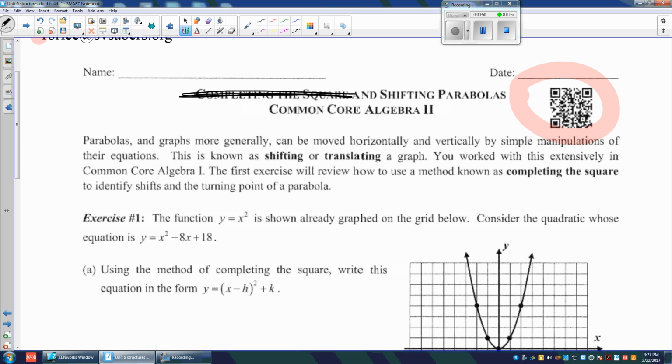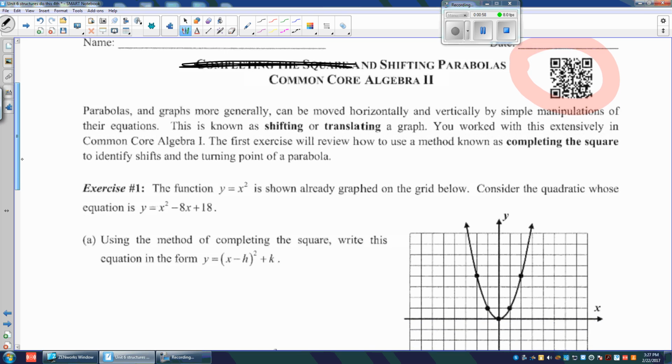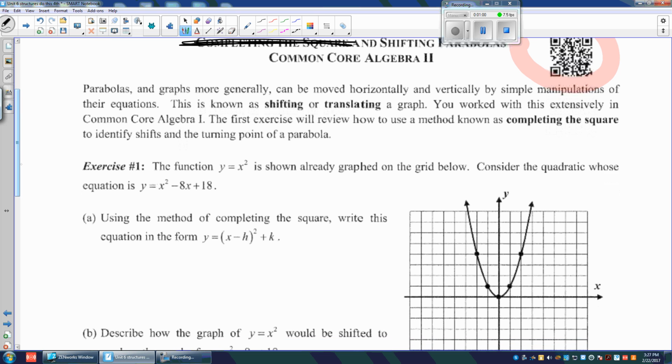Well, it's not by manipulations of equations, but you can instantaneously see where the vertex is going to be after you manipulate the equation. This is known as a shift or a translation of a graph. You should work with this extensively in Common Core Algebra 1. Remember, a couple of years ago. The first exercise will review the method of completing the square to identify the shifts.